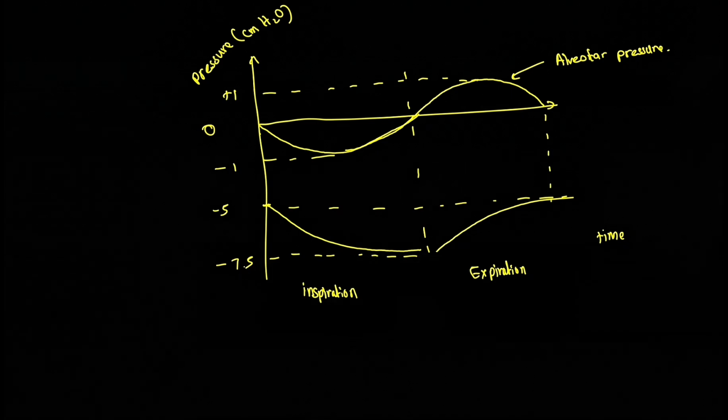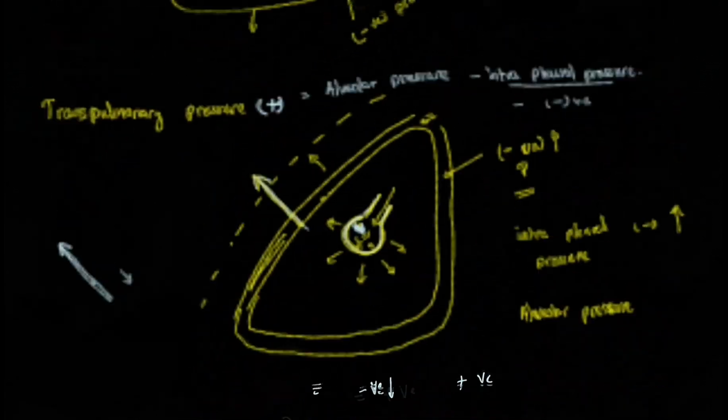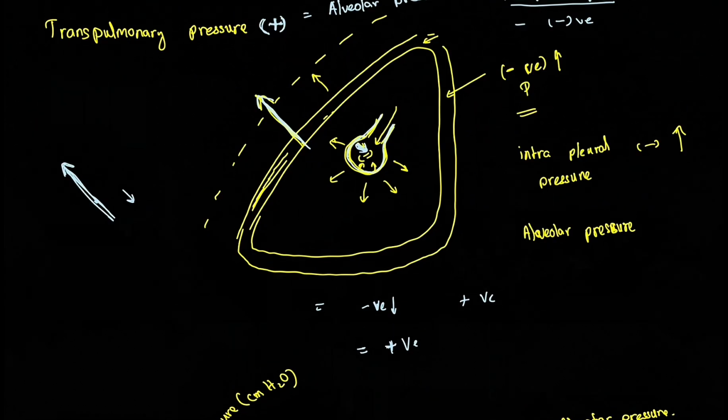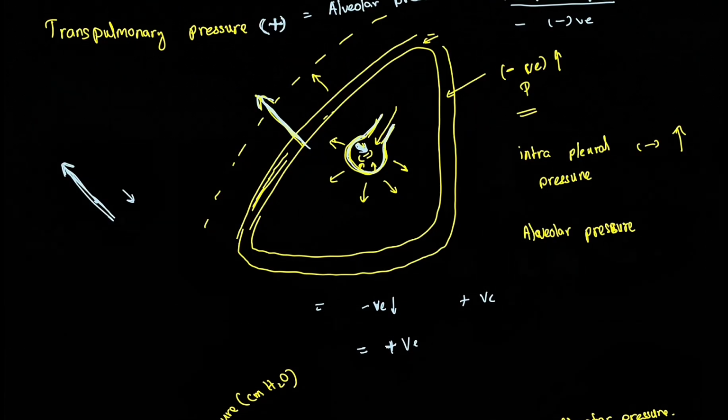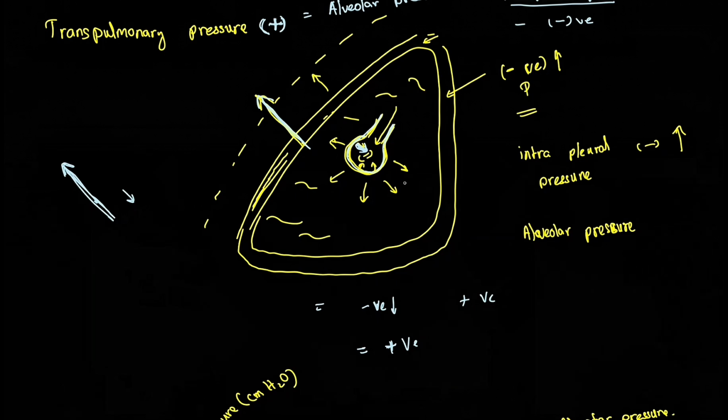So you might ask, during inspiration, why doesn't the intrapleural pressure become 0 to 5, unlike the alveolar pressure? It is because during expansion, the lungs are made up of elastic tissue.